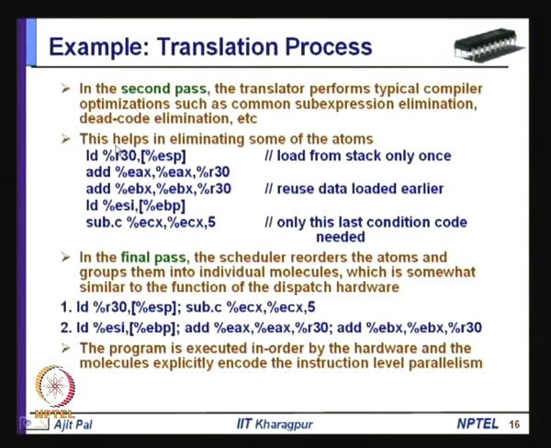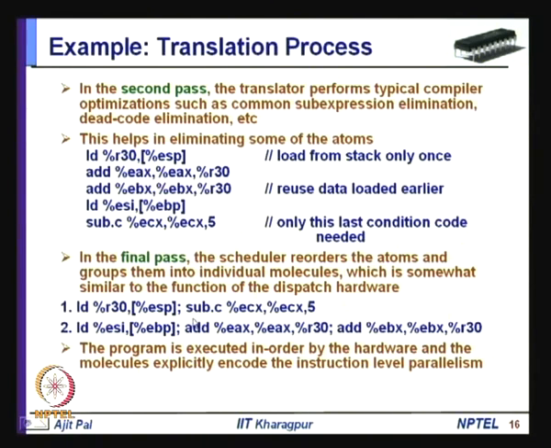You can see these 5 operations are now packed in a fewer number of VLIW instructions. It has been possible to pack 2 operations. Of course, you have to see which operations can be executed in parallel. It may not be possible to execute all of them in parallel.